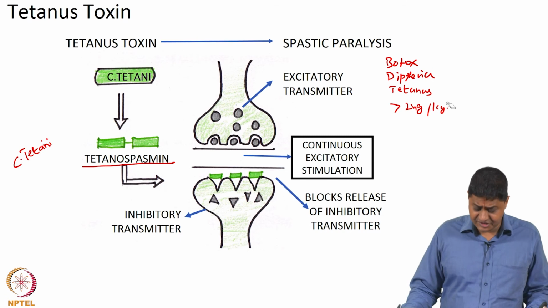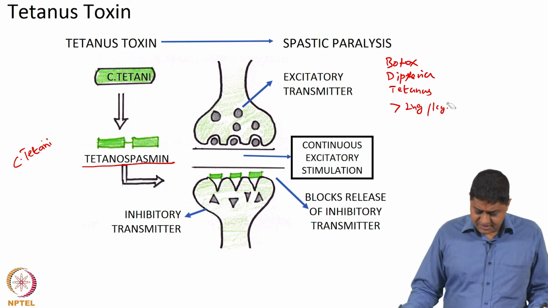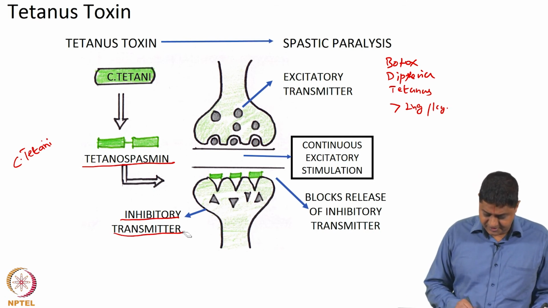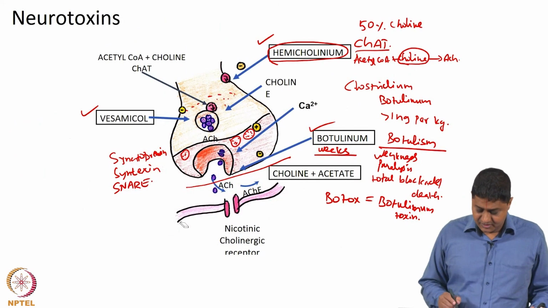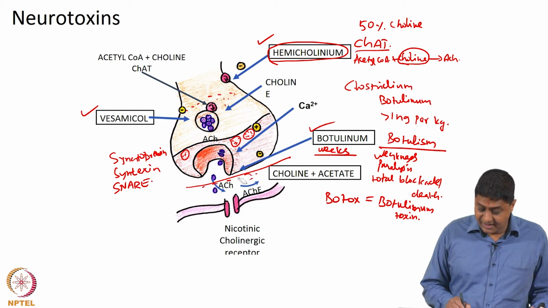Right. So, what is its action? It blocks the release of inhibitory neurotransmitters. So, what happens in the neuromuscular junction? Once acetylcholine is released, some acetylcholine may remain in the system.